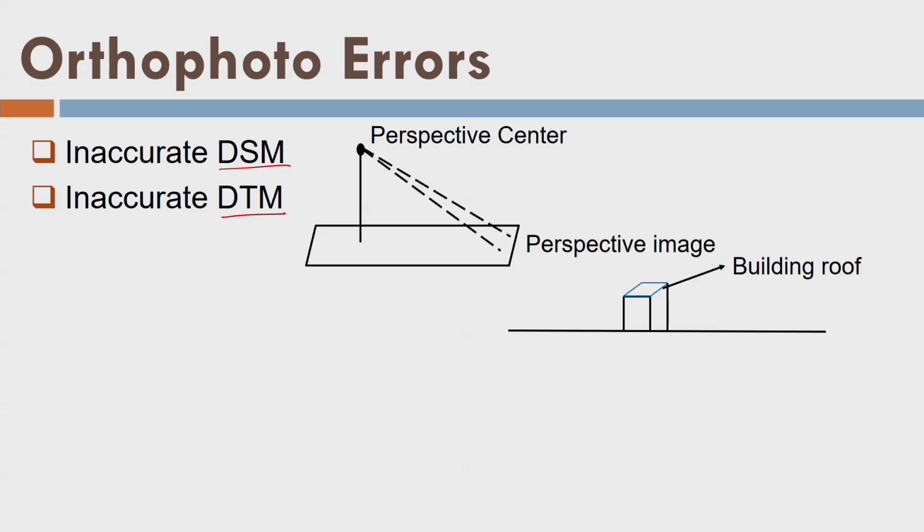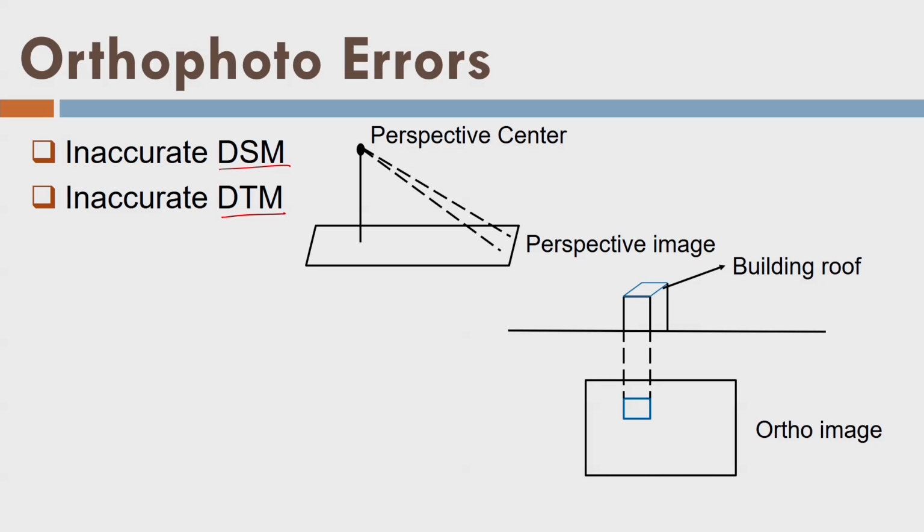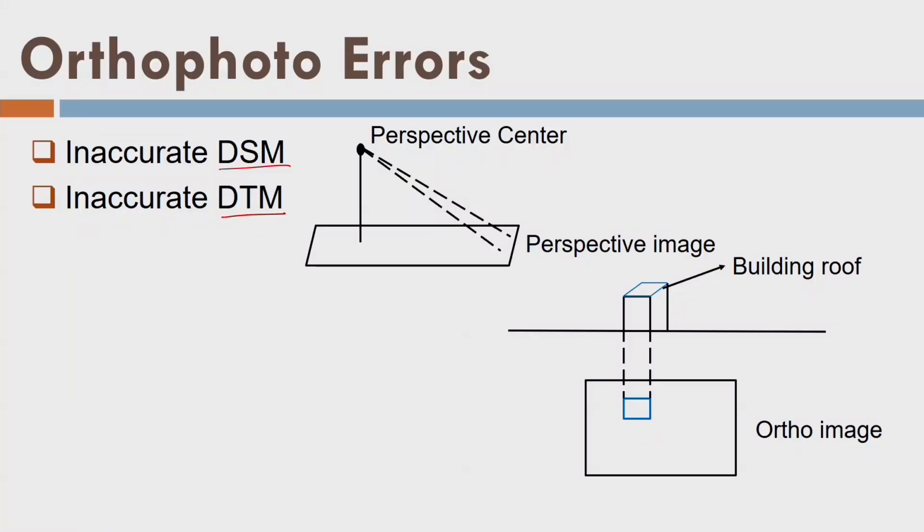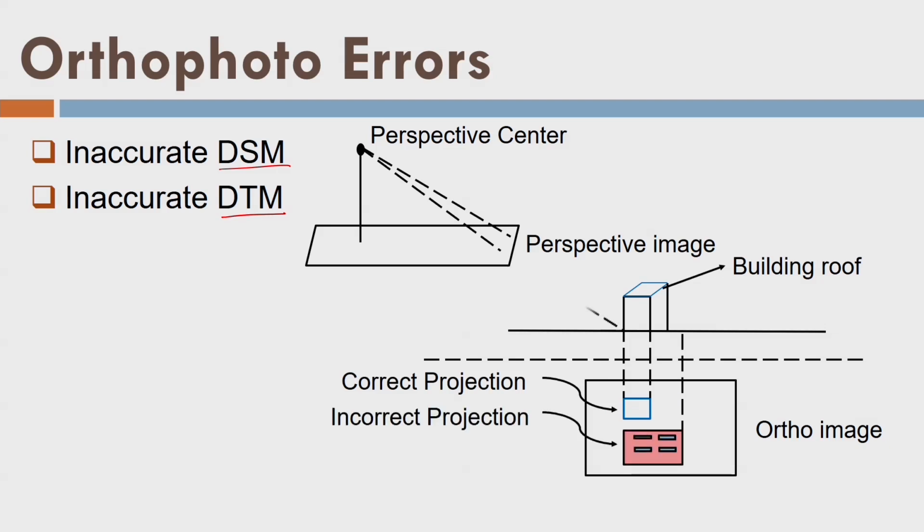Ideally, this building should be available in ortho image. However, because building is not there, as a result we will assume that this part of the terrain is flat here. Image has some color. So in the process of orthomap generation, we will assign some color to this whole area.